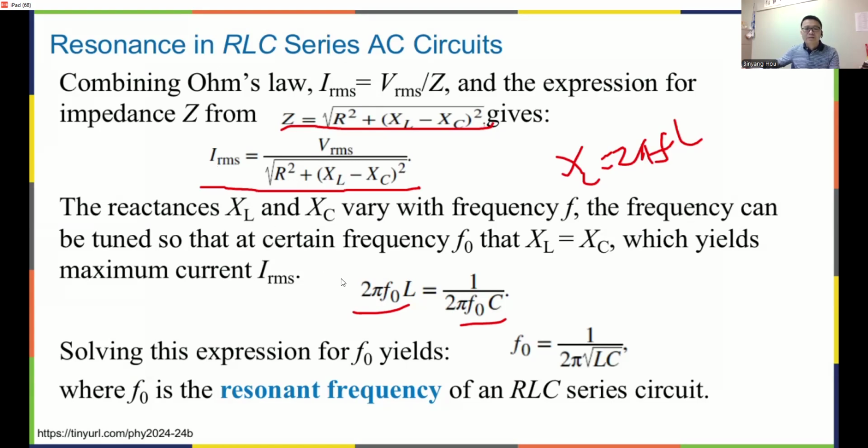And when that happens, the frequency is called the resonant frequency. So you set these two equal to each other and solve for F naught.